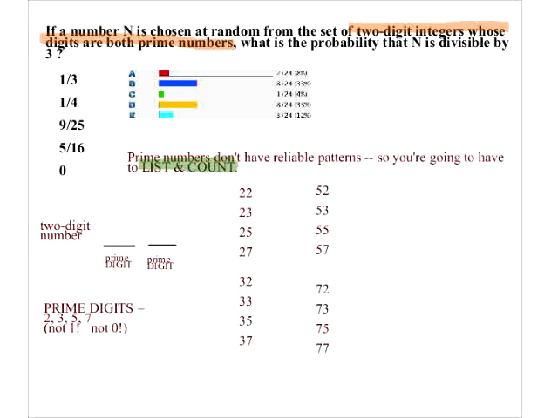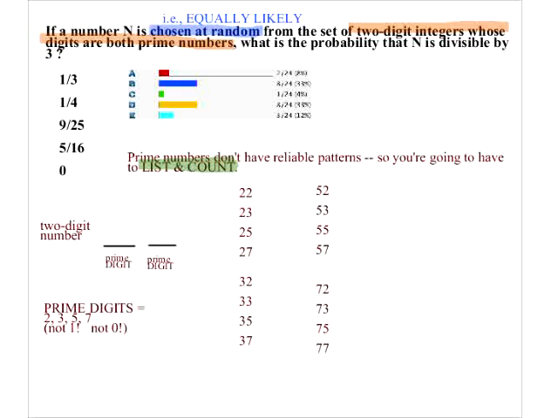So if you count the ones that are, it does say the number is chosen at random, so we do know these numbers are equally likely. That's an important consideration. We want to make sure it's actually equally likely that we'll get each number. So that's what that means. Any of those numbers is an equally likely choice.